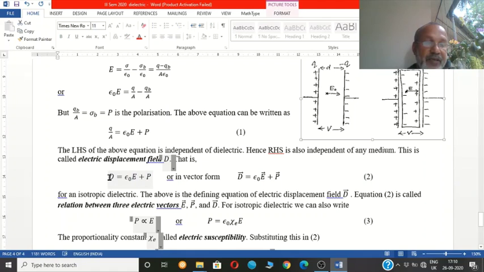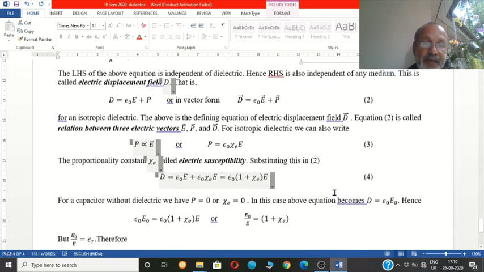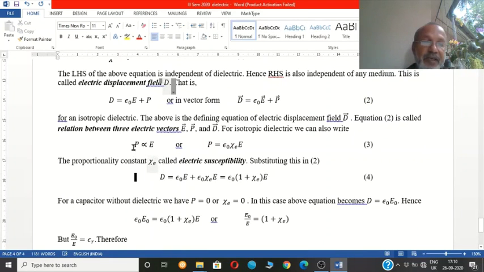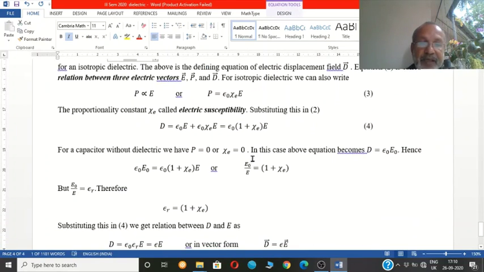In that case you get D equal to epsilon 0 E0. We already know that D is independent of any medium. So the same D calculated using D equal to epsilon 0 E plus P, which is epsilon 0 into 1 plus chi into E, can be equated to this, since both are D.